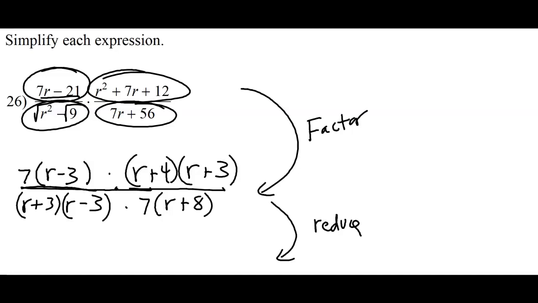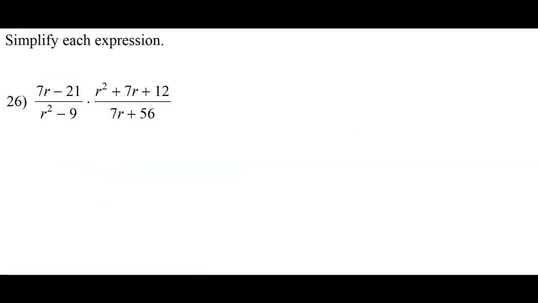So for instance, the 7s here can reduce each other away. The r minus 3s can reduce each other away. And the r plus 3s can reduce each other away. And all I'm left with here is an r plus 4 on the top and an r plus 8 on the bottom. Okay. Let's go ahead and move on here to number 28.